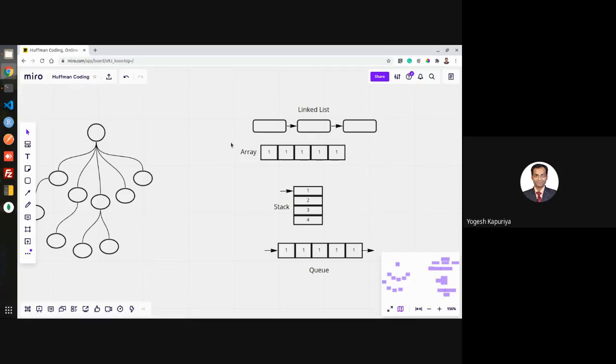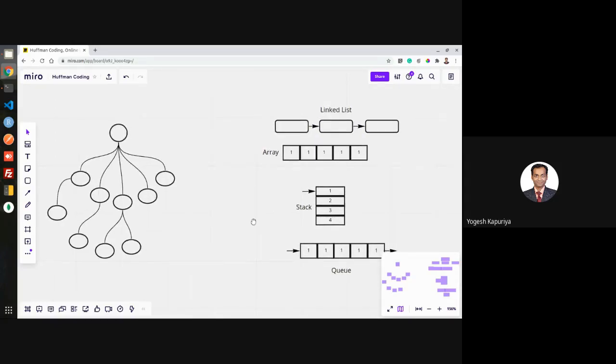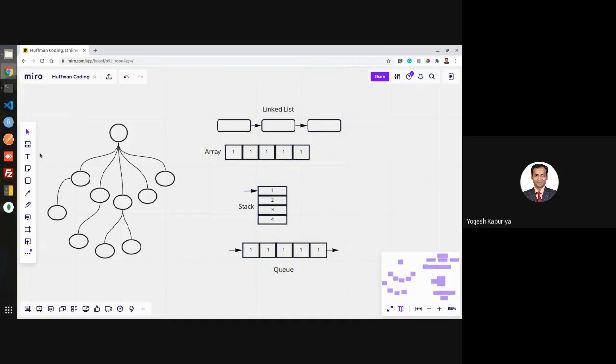But in this case also, if you want to access an element, you have to start with the first element. You check whether the element you are interested in is there or not. If it is not there, then you go to the next element, next element, next element, like this. So everywhere you will find the linearity in this case. That's why any of these data structures is called a linear data structure.